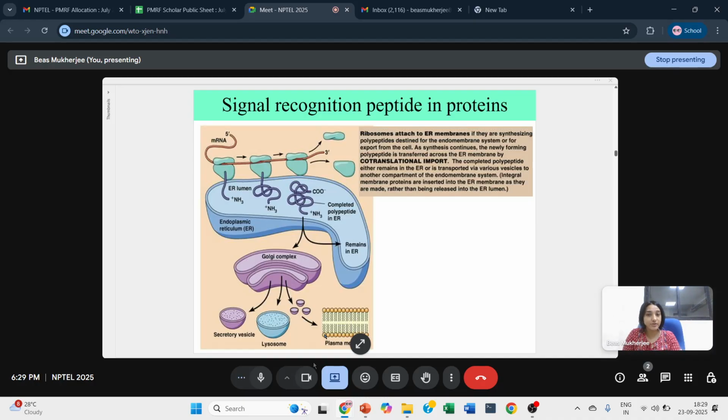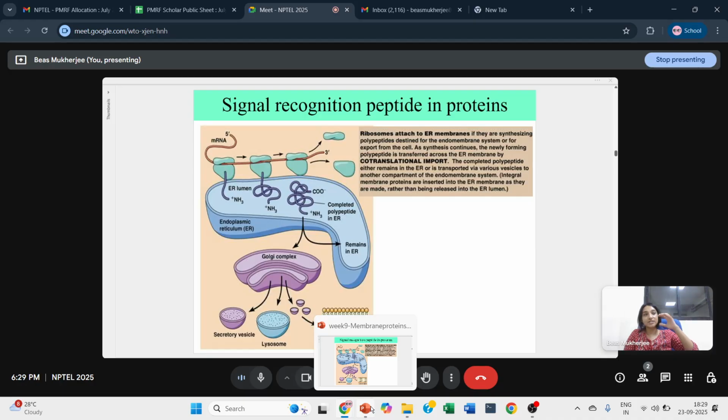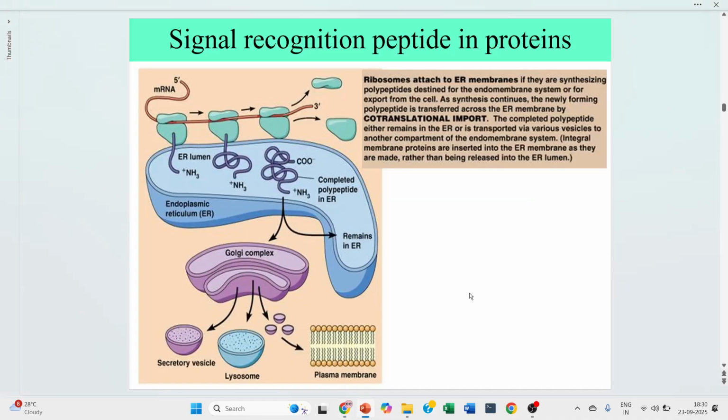Then the signal sequence is chopped off and the protein is transported to the Golgi. From the Golgi, it undergoes proper folding, and there are a lot of different checkpoints to ensure that the protein is folded properly. Then it is wrapped in vesicles and sent off to different places.